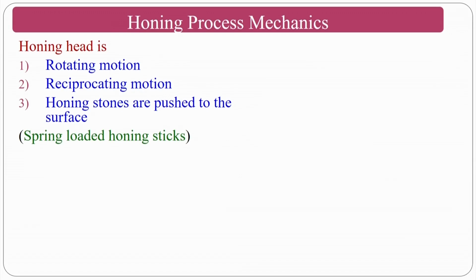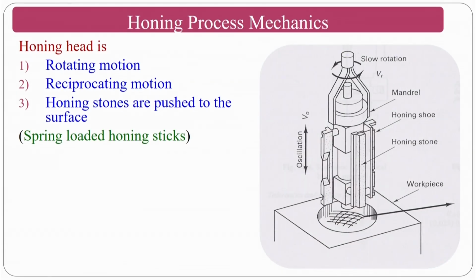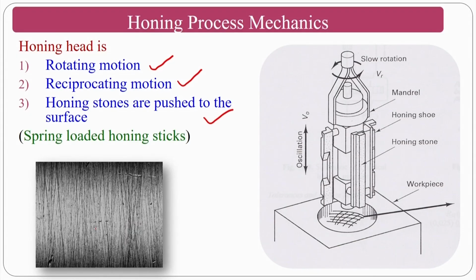Honing process mechanics: as I said, it has rotary motion, reciprocating motion, and honing stones which are spring loaded. This will be reciprocating, and this will be rotating. In that circumstance, what will happen? You will get a crosshatch pattern.